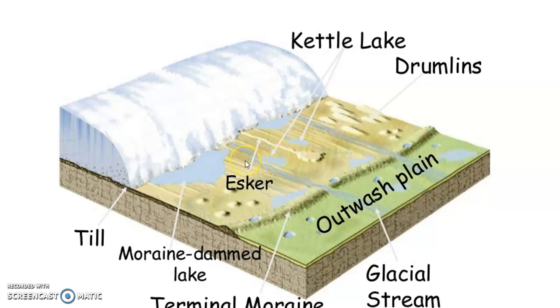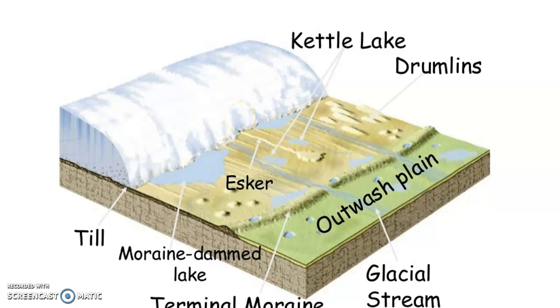These areas are often relatively flat, and we see braided streams very often, glacial streams associated with the melting of the glacier. We also see features called drumlins, which are rounded hills. And we also have what are called eskers, which I mentioned in another video, and are basically the remains of a stream that was flowing through the ice.